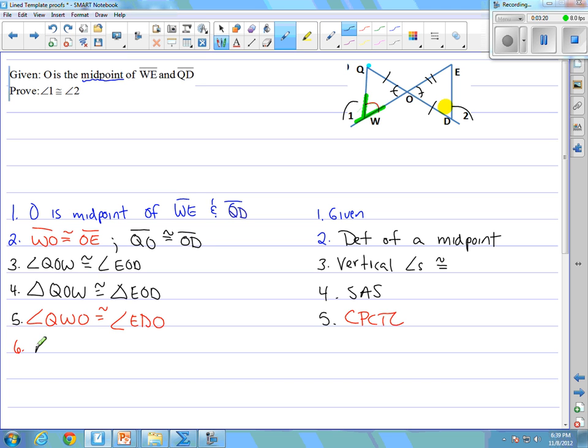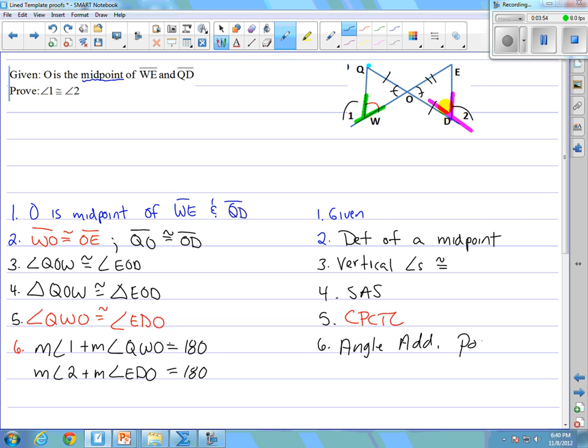So I'll say measure of angle 1 plus measure of angle QWO is equal to 180. Same thing over here: that angle and that angle form a straight line. So measure of angle 2 plus measure of angle EDO is equal to 180 degrees. This is simply the second part of your angle addition postulate.